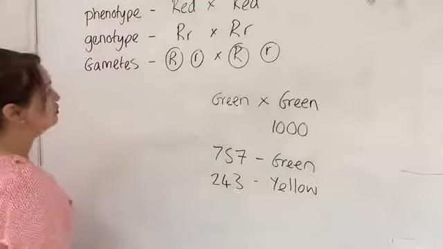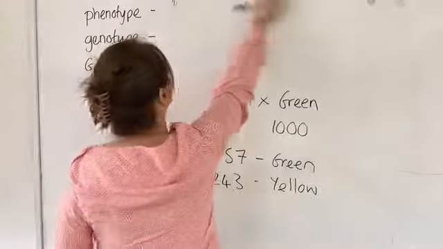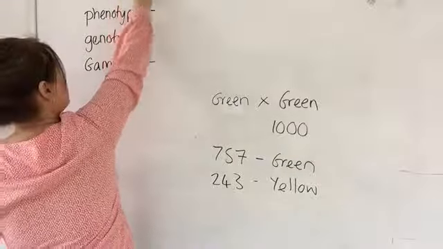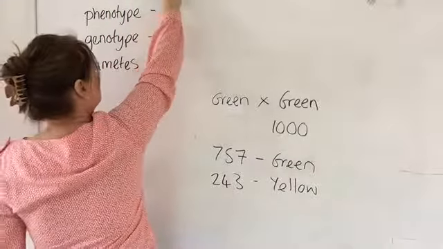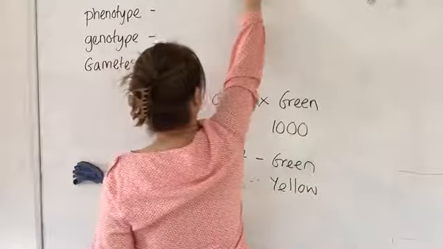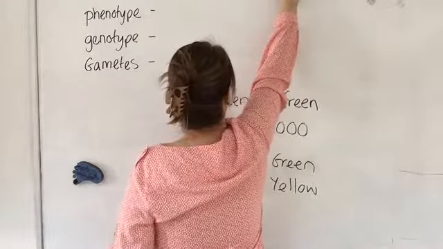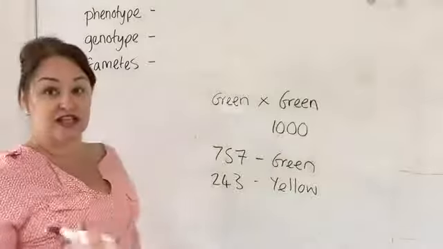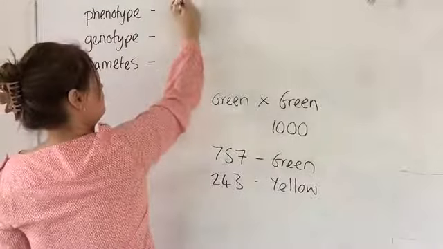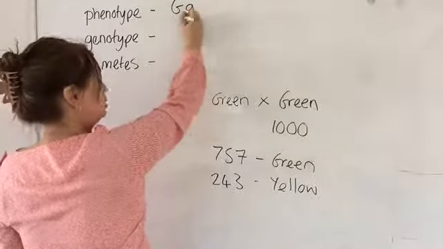Let's remove this, and we're going to say let big G equal green, and let little g equal yellow. And let's work out that cross. We're going to say that the phenotype would be big G, little g.